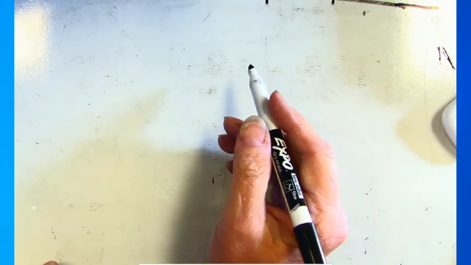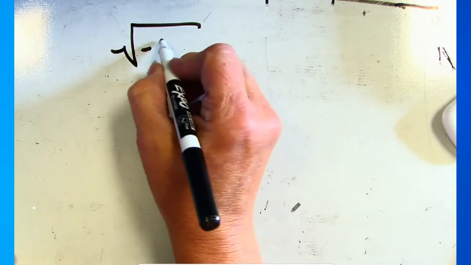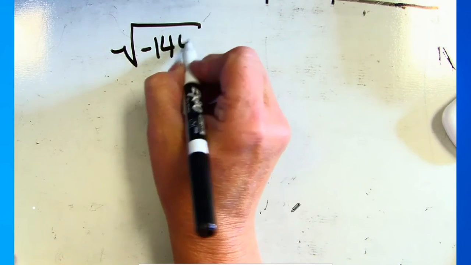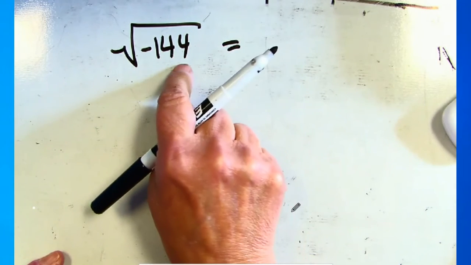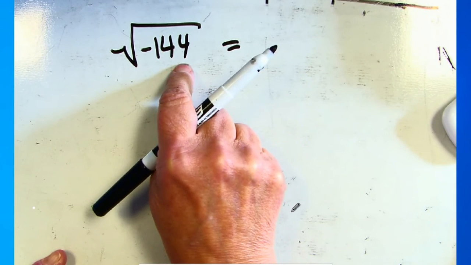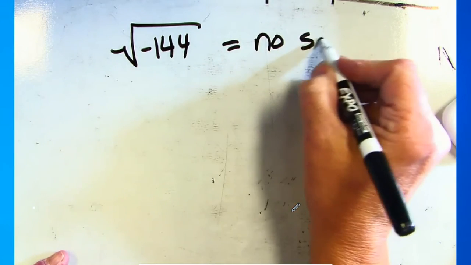All right, let's try another curveball. What if I asked you to give me the square root of negative 144? 144 is 12 times 12. But that negative sign means that I have no solution.